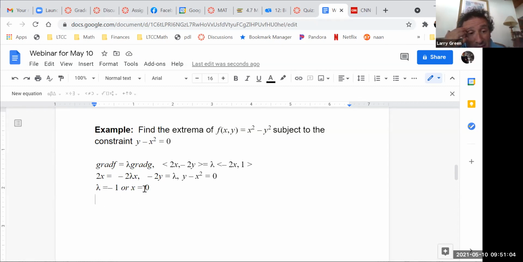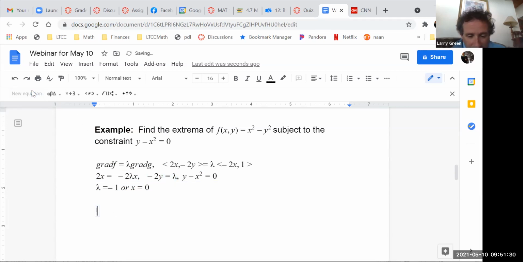So we have two cases, right? We have the lambda equals -1 case. We have the x equals 0 case. Let's do the lambda equals -1. If lambda is -1, then what is y? Yeah, y is 1/2.